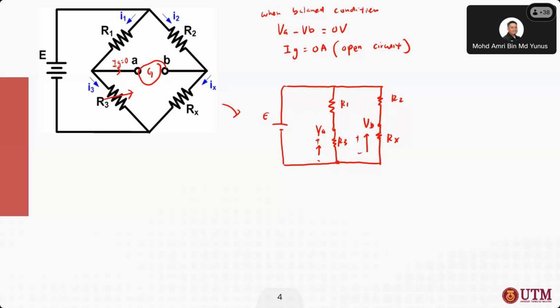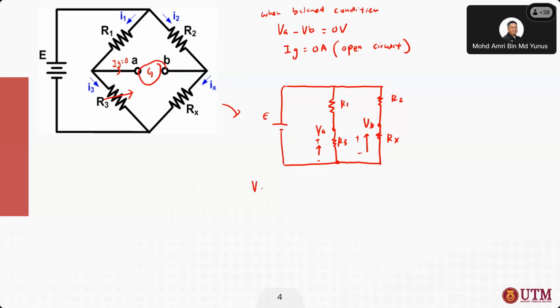But both R1, R3 and R2, Rx are in parallel with the power supply E. So we can find the voltages VA and VB separately by using the voltage divider.